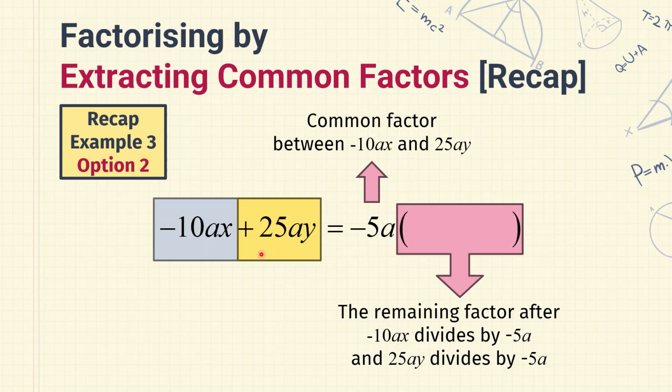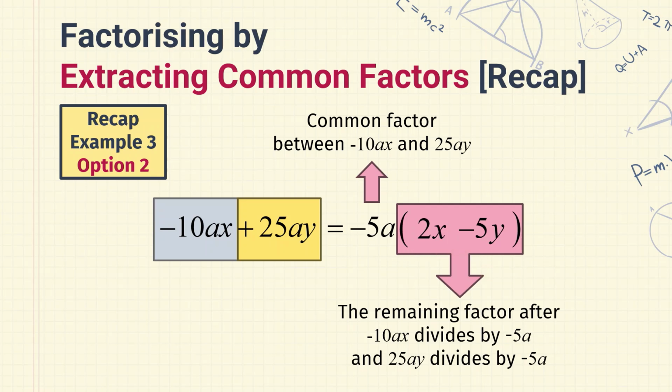So by the same method, negative 10ax dividing by negative 5a will give you a positive 2x. And then positive 25ay dividing by negative 5a will give us a negative 5y. So let's observe that in this second option, we have the answer to be negative 5a times 2x minus 5y.